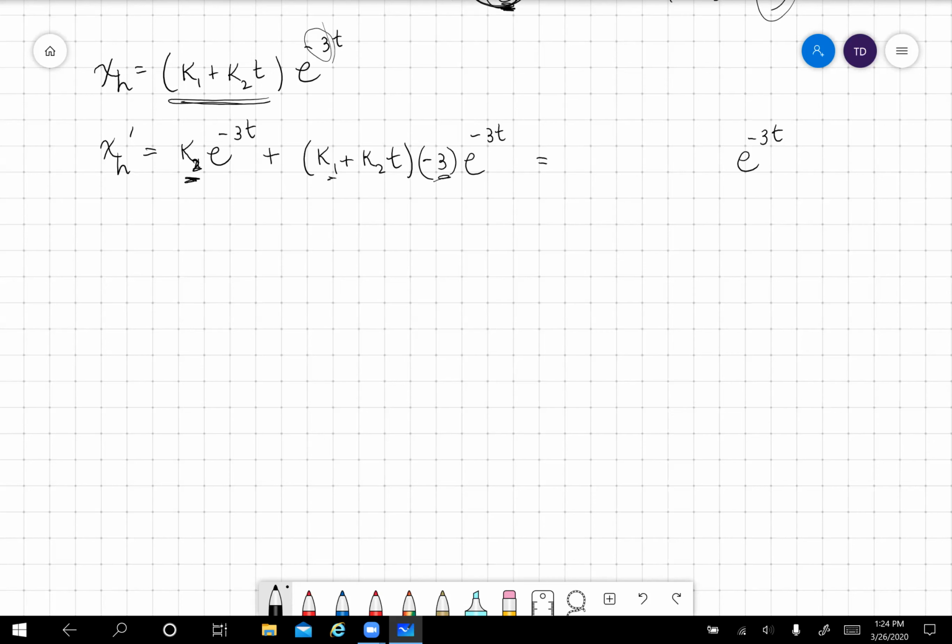I knew things didn't add up properly when I was adding them. The derivative of the first is K2, not K1. The derivative of this term is K2, right here, not K1. Okay, now I have K1 plus K2, and then I still have plus K2t, right?